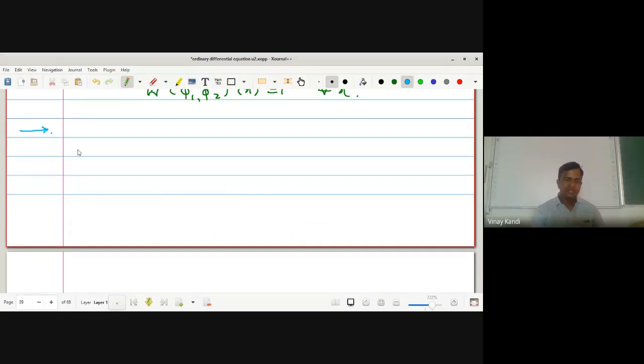We know that the differential equation y double dash plus a1 of x into y dash plus a2 of x into y is equal to 0.